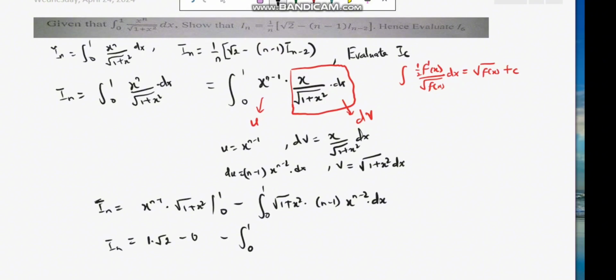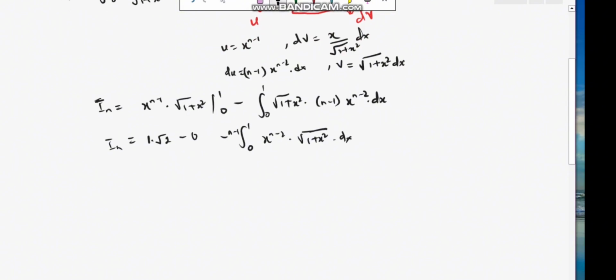Then we get minus (n minus 1) times the integral from 0 to 1 of x^(n minus 2) times root of 1 plus x squared dx. So at this point, my I_n becomes root 2 minus (n minus 1) times the integral from 0 to 1 of x^(n minus 2) root of 1 plus x squared dx.